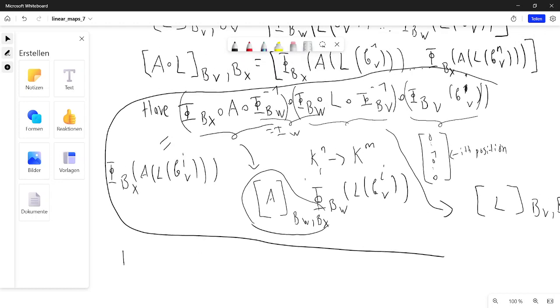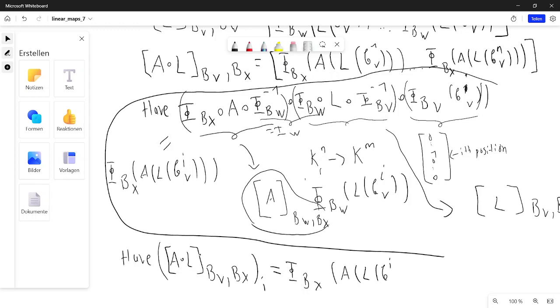Well, I have A, B_V, B_X, and well, I'm just writing it, of course, column-wise. You could just apply it to every column. Nothing would change, right? The i-th column would be phi B_X of A L of b_i^V, right?